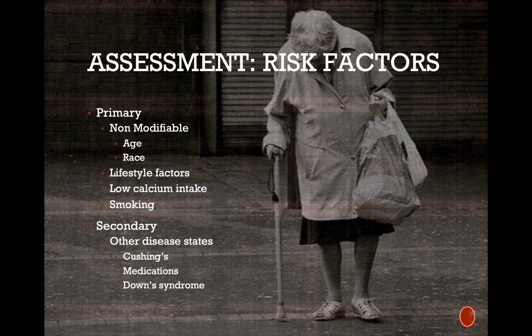There is a link between estrogen and strong bones. So when a woman is postmenopausal, the amount of estrogen that they have available is not the same. And so that increases their risk for osteoporosis there as well.